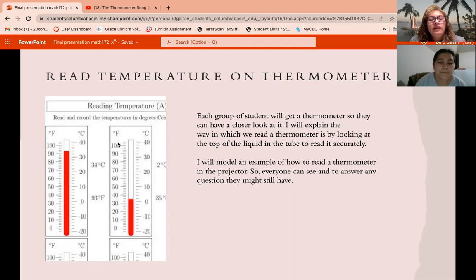And on Fahrenheit, this thermometer is marking 35 degrees. It's right here, about middle between 30 and 40, remember, 35. While the Celsius degree is right above the zero, which is 2. 35 degrees Fahrenheit and 2 degrees Celsius.